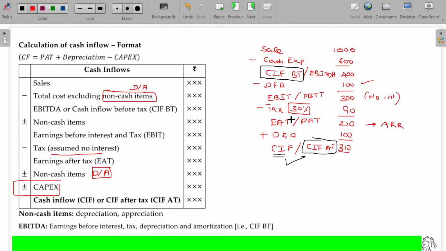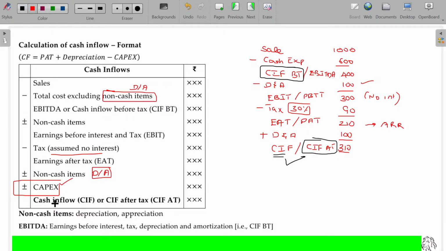In case of depreciation, first you subtracted, later you added. In case of appreciation, first you added, later you subtracted. That's the basic logic you have to understand. The final point is all about capex, capital expenditure. You may purchase some capital investment assets. For that, there may be cash outflow. Sometimes some of the assets used for your operational purpose, you later don't want, so you discard them and get the realization value.